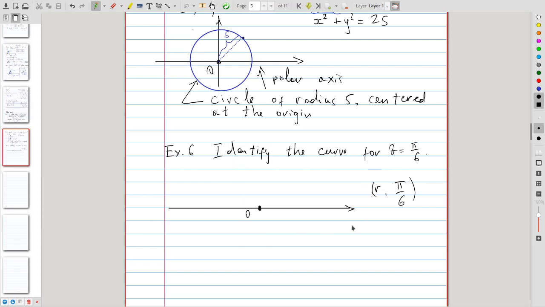Well, we can take the polar axis like so and rotate it by the angle pi over 6. So let's place another polar axis on top of this one and then rotate it. Okay, so here we have, say, the angle of pi over 6.